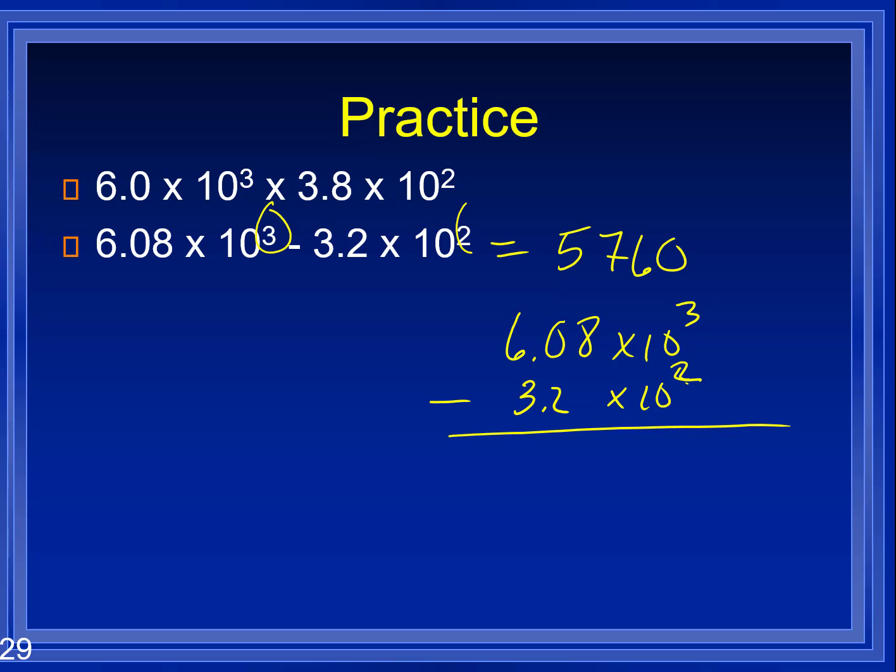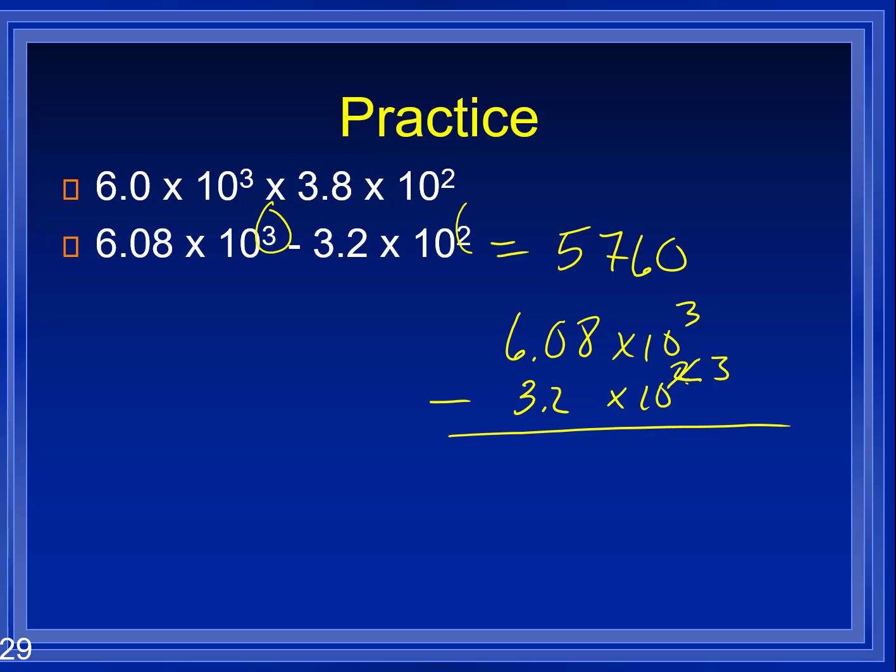So I have to make them the same power of 10. It doesn't matter which one I choose. I usually make the small one bigger. It tends to work more often. I got fewer changes that way. It doesn't actually matter which one you do. There might be an extra step at the end if you pick the wrong one to get it back to standard form. It'll be the right answer, just in the wrong format. Okay, so I'm going to change that exponent. I'm going to change that 2 into a 3.